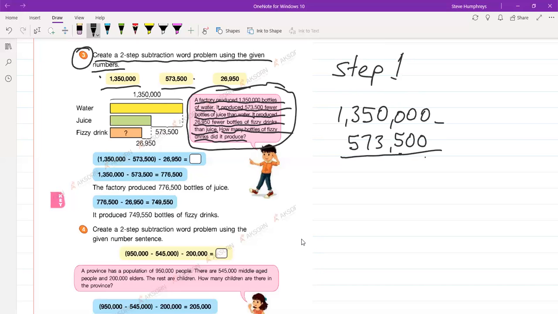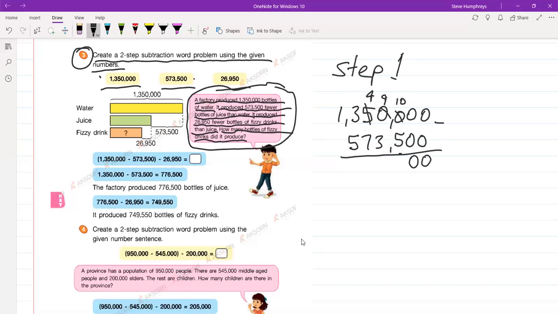0 minus 0 is 0. 0 minus 0 is 0. Sorry, 0 minus 5 you can't do. You need to borrow. You need to make that a 4. Make that 10. And you need to make that 9. Pay back.